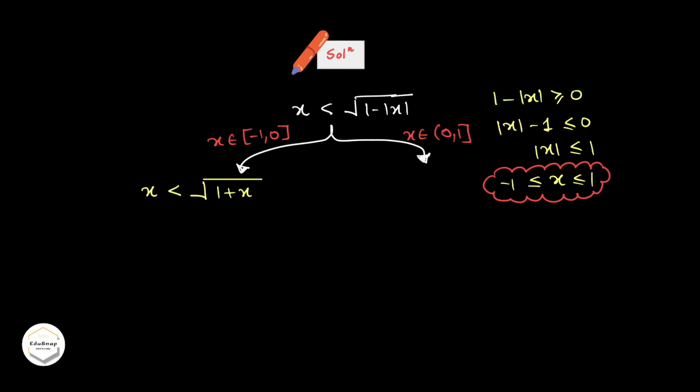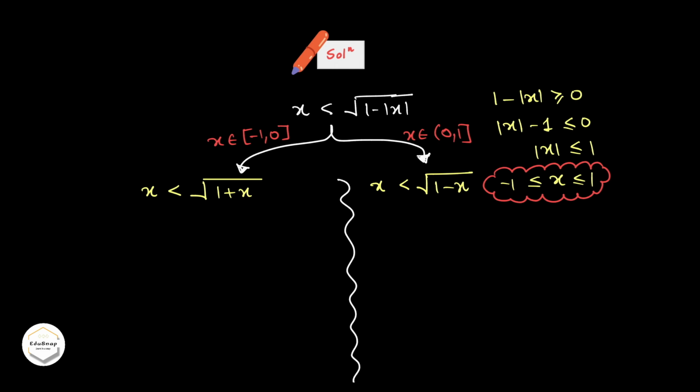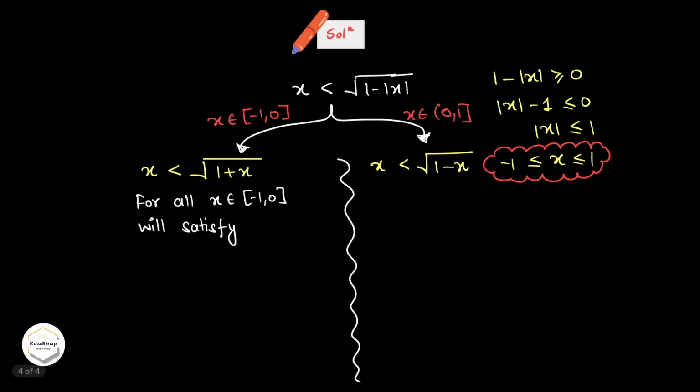So I open with a negative sign here, and here I open with a positive sign. Now if you observe this equation, whatever value you put, it will satisfy within this domain. Why?